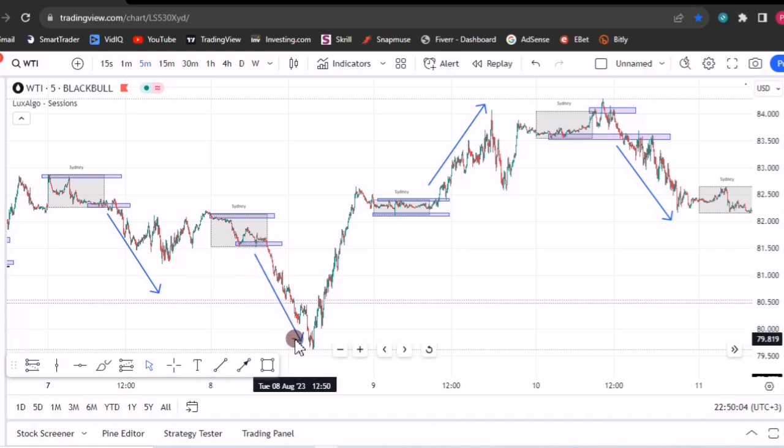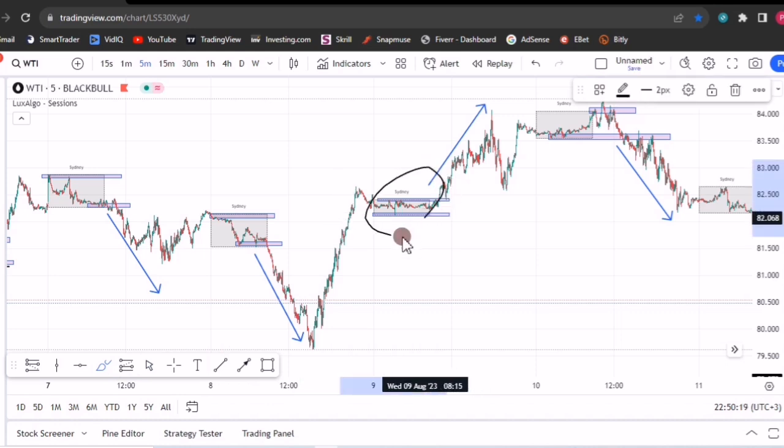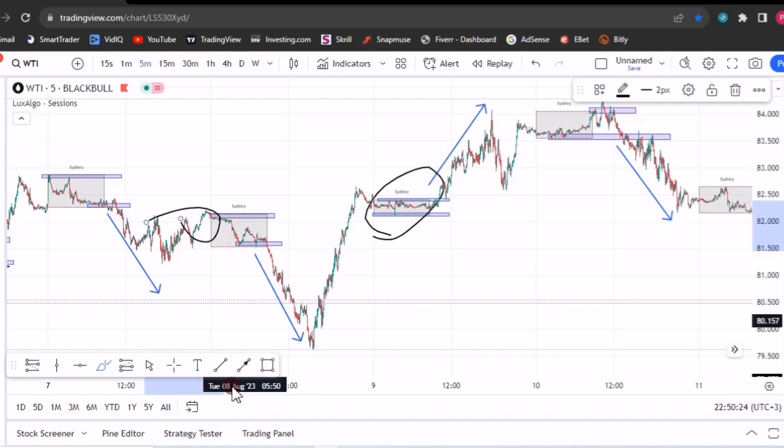You see that it moves in one direction. So you are very likely to catch the move if you start looking for trades at this time. But if you don't know this kind of secrets, you will find yourself looking for entries just anywhere, and then you end up losing the trades.